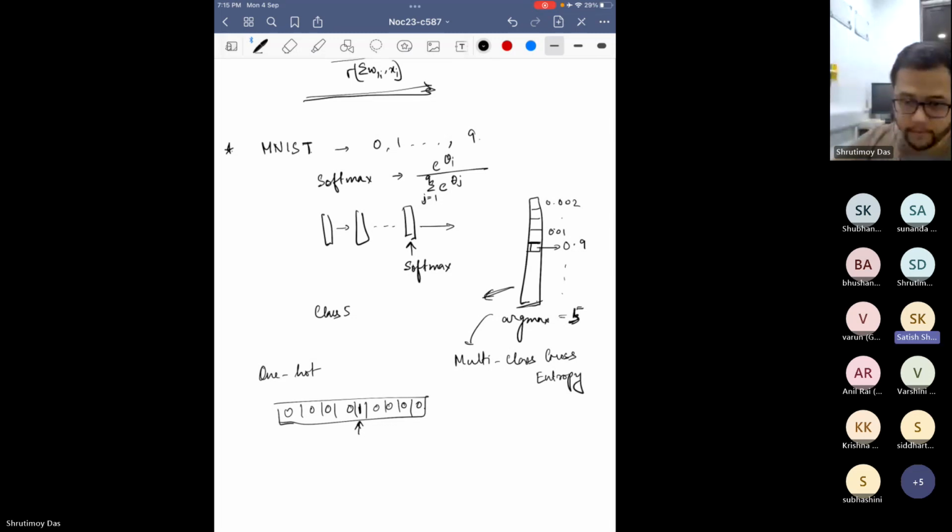Okay, so the label data, when they said the label data is one hot, the output will be one hot, or if I use softmax, the output can't be different, no?